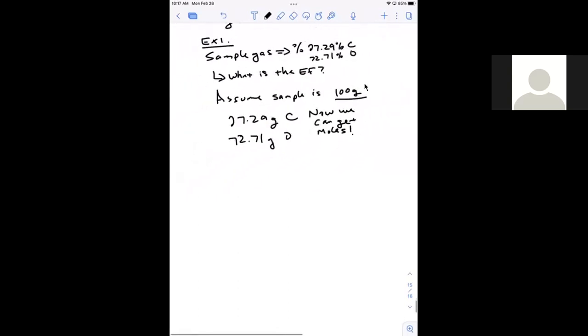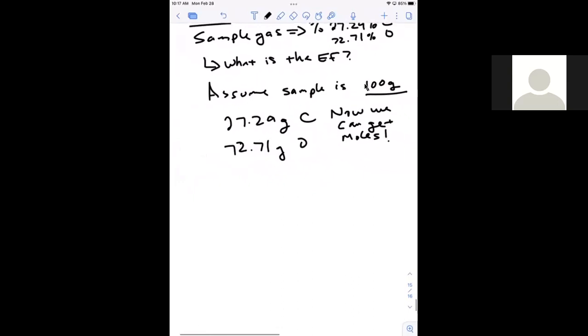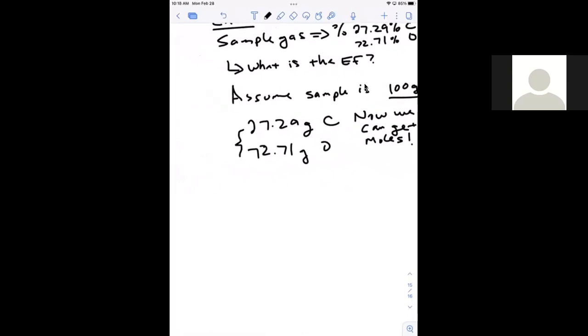So now we can get the number of moles, which is, how do we set this up now? These are our given masses.